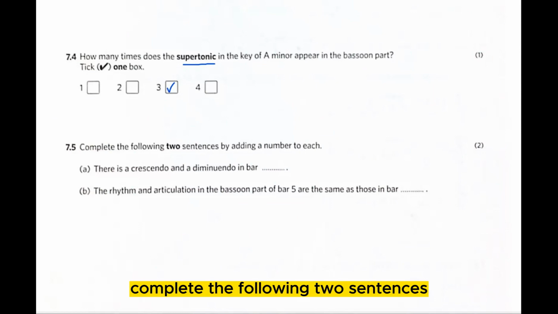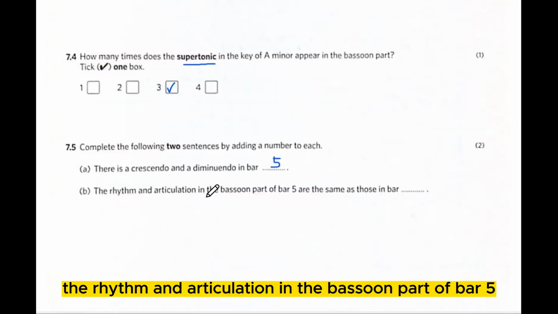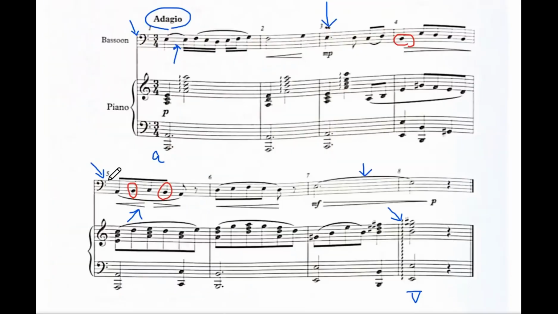Complete the following 2 sentences by adding a number to each. There is a crescendo and a diminuendo in bar. Here is a crescendo and a diminuendo sign in bar 5. The rhythm and articulation in the bassoon part of bar 5 are the same as those in bar.